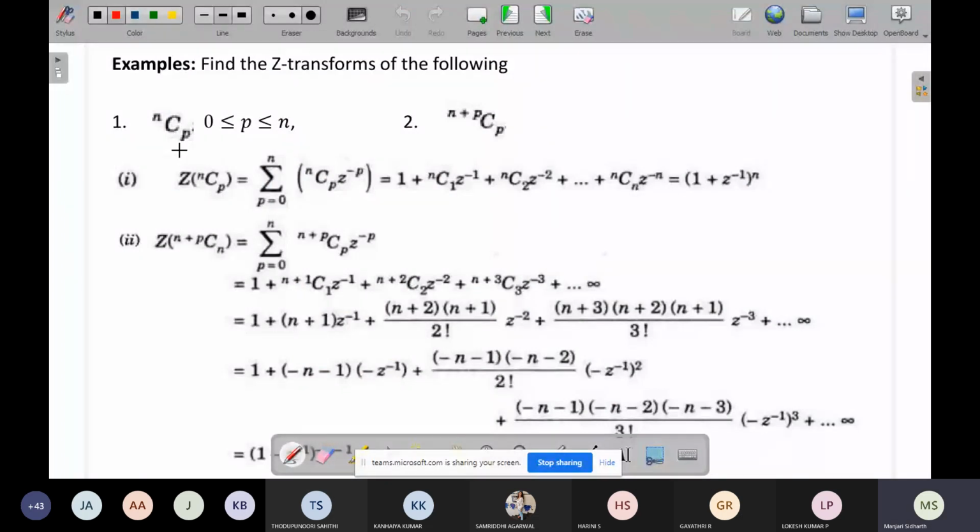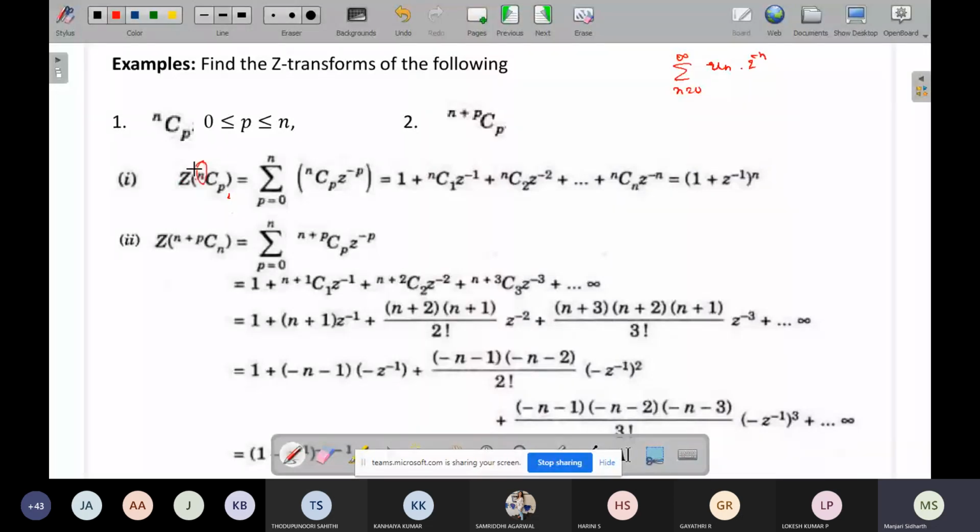Combination function, z transform of nCp. Now you can use the formula, because n is already included here and p is the variable. So we'll change this. Okay. The formula was summation n equals 0 to infinity u n z power minus n, right?